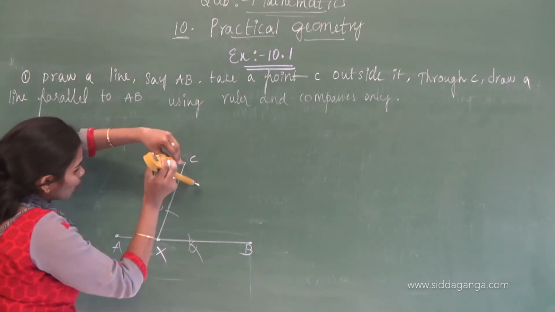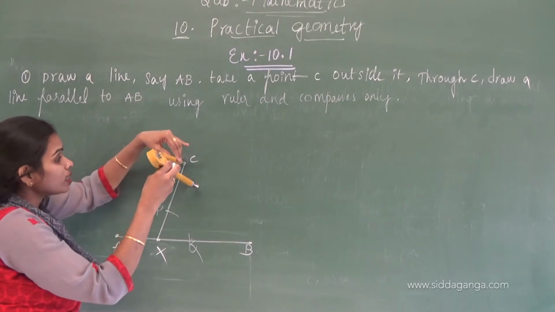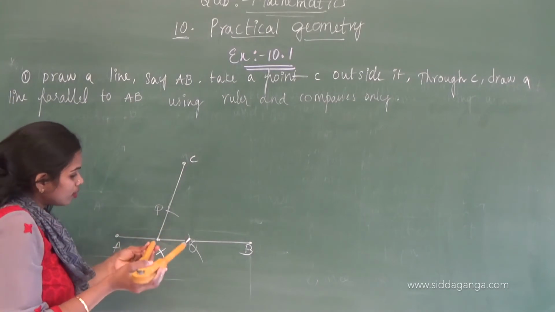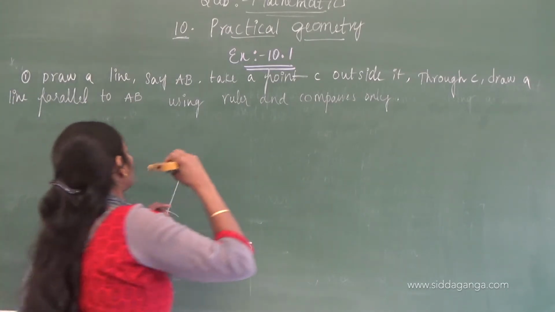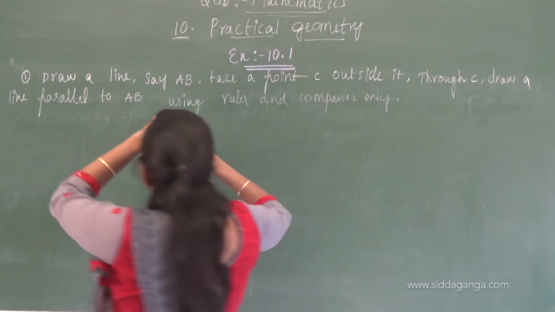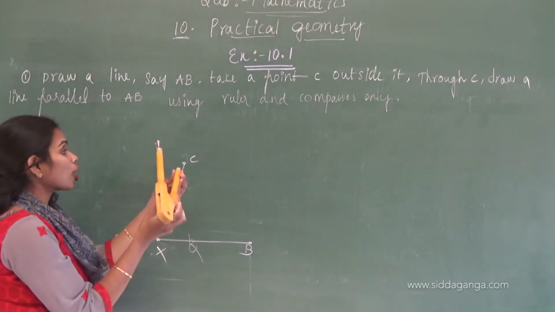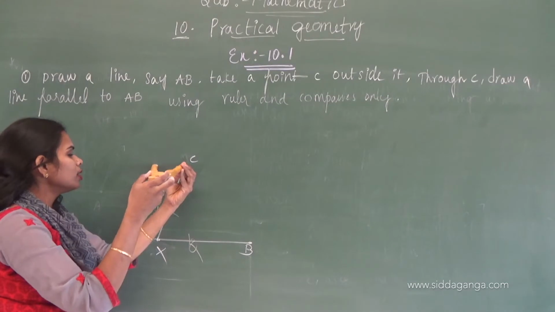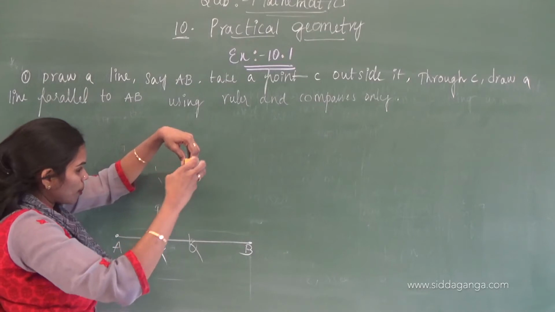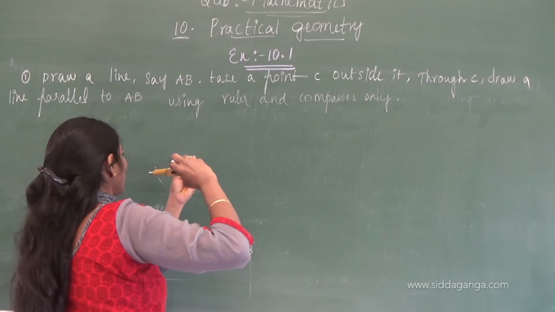Do you see, children? I am putting the sharp tip on C and taking one radius arc. A bigger arc we have to take.